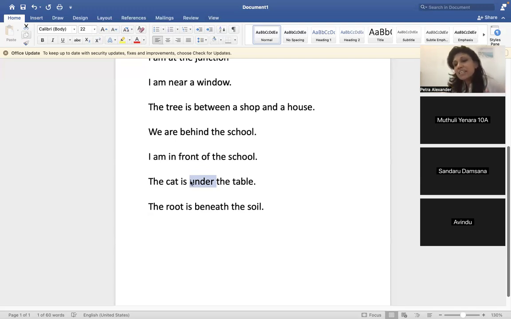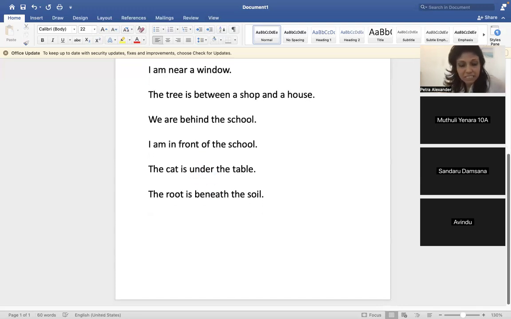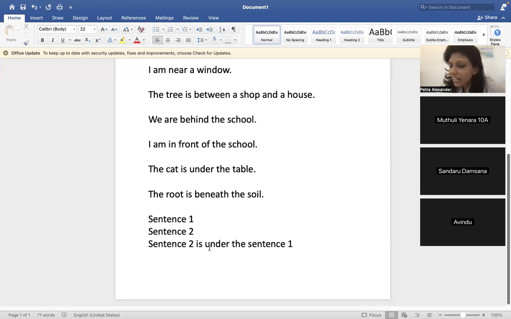Generally with 3D images we use under. But let's say this is sentence 1 and this is sentence 2. Sentence 2 is under the sentence 1? No. Here it's on a screen. It's not a 3D image. You can say sentence 2 is below the sentence 1.